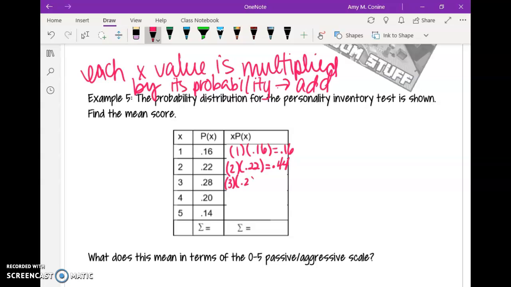And then you continue this process. So 3 times 0.28. Hopefully you get 0.84. And 4 times 0.2 should get 0.8.